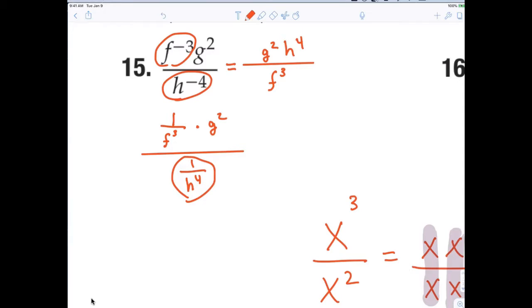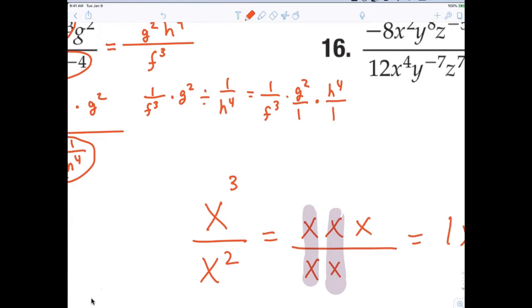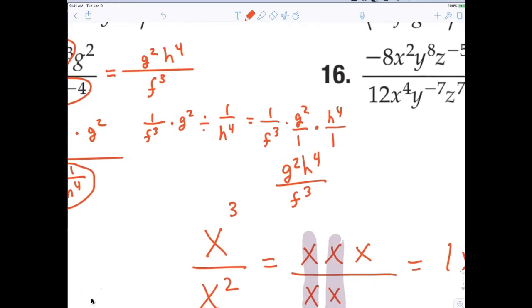So instead of doing 1 over f cubed times g squared divided by 1 over h to the 4th, this now is written as 1 over f cubed times g squared over 1 times the reciprocal, h to the 4th over 1. And now, multiply numerators. G squared h to the 4th over what? F cubed. Do you agree that's the same answer?